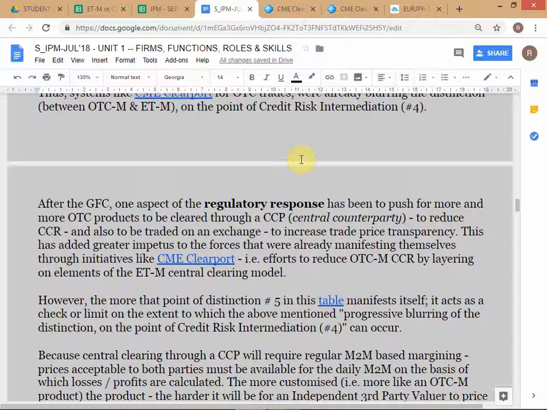If I'm Deutsche London dealing with Citibank, I'm not directly worried about Citibank as such, but I don't know how much exposure Citibank has to Lehman Brothers. So I might worry that Citibank on its own was okay, but because of its exposure to Lehman Brothers, it might also go bankrupt.